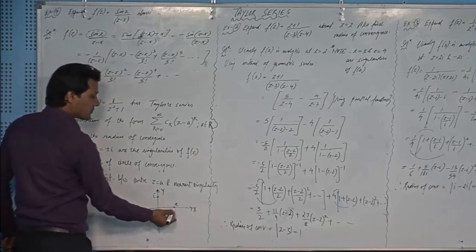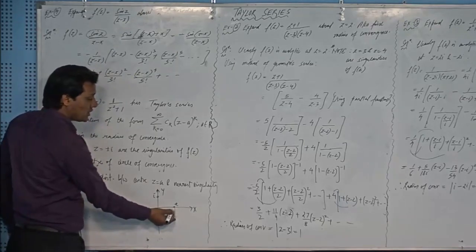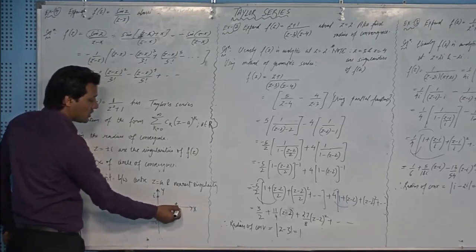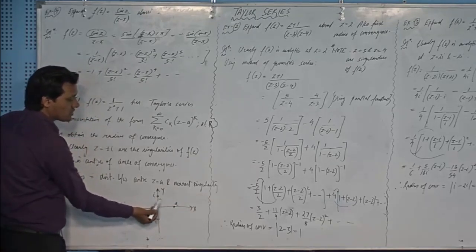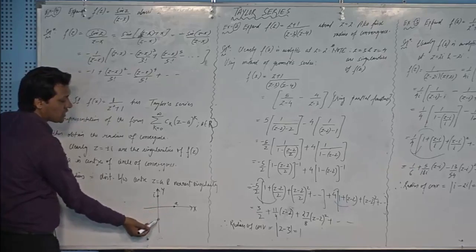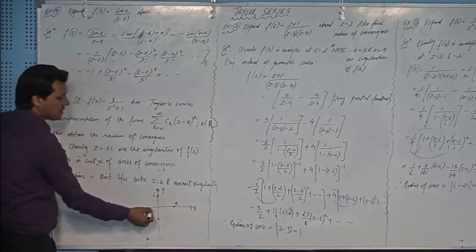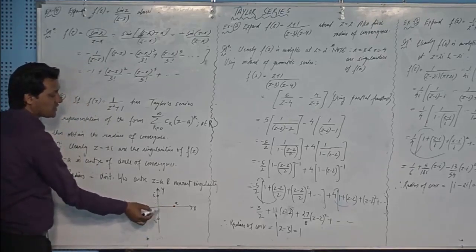So no matter what the value of a is, as long as it is on the x-axis, both of these singularities are at equal distance from this a. You can see that this is an isosceles triangle. This x-axis is the right bisector of the line joining these two points, iota and minus iota.